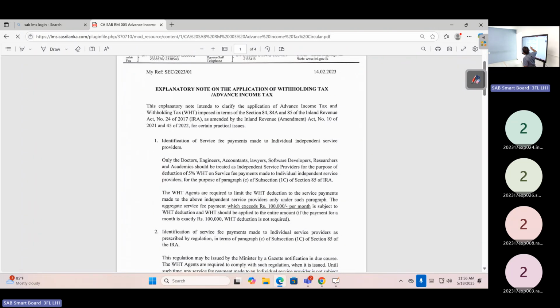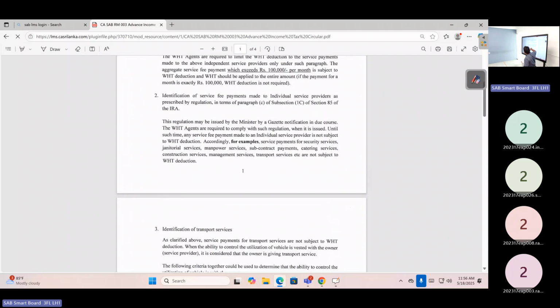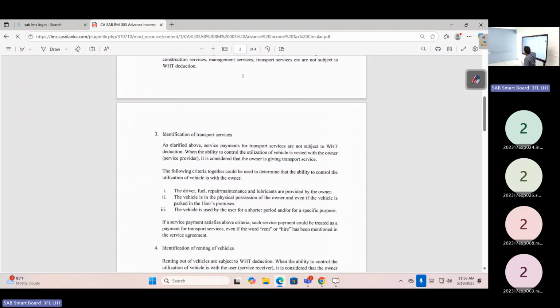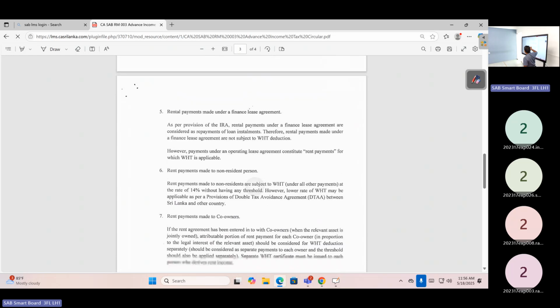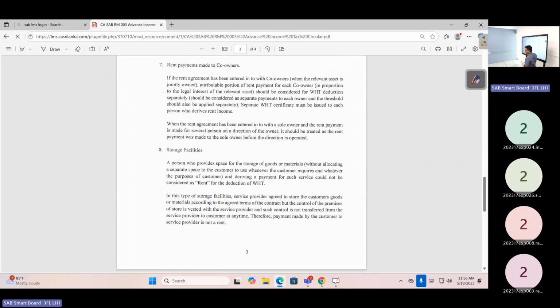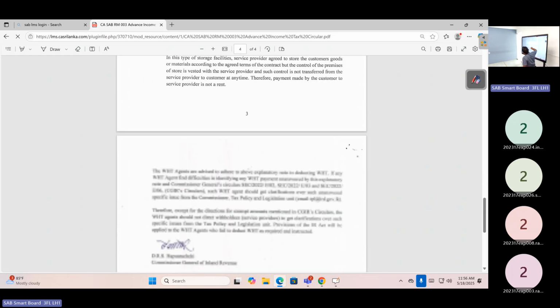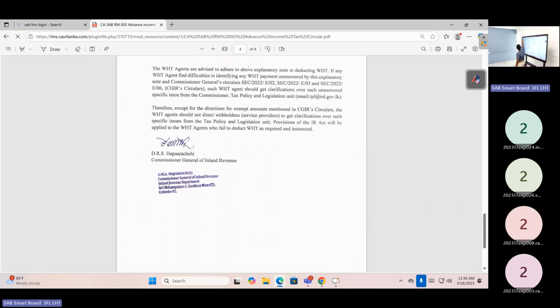So service payment, 100,000 comes, whether it is rent and all those things, that is there. Same thing is there in the tutorial as well. So this is the legal document. You can read that as well.